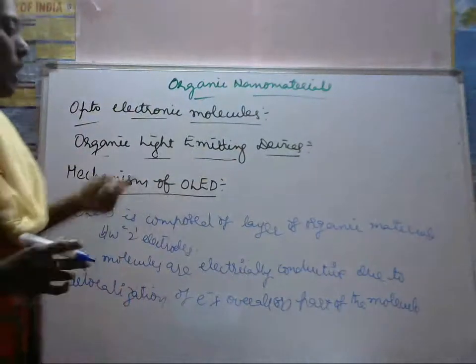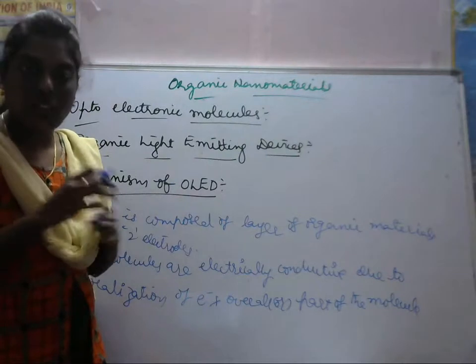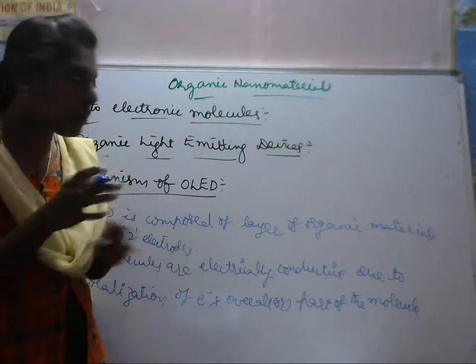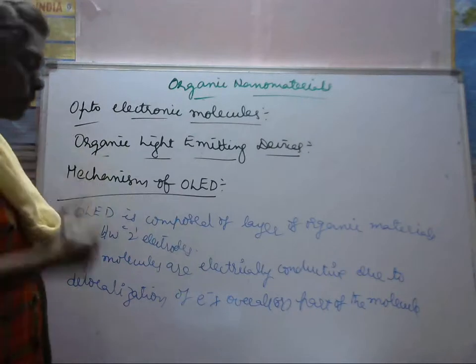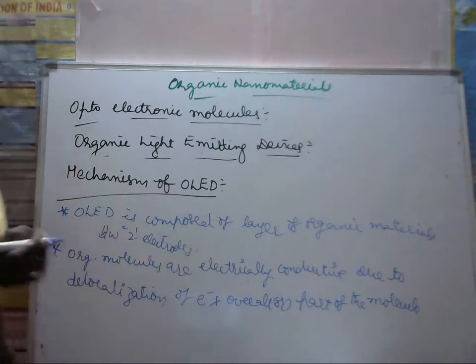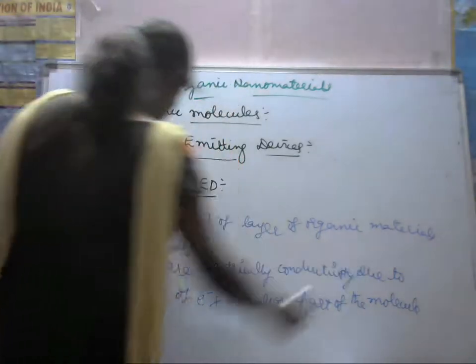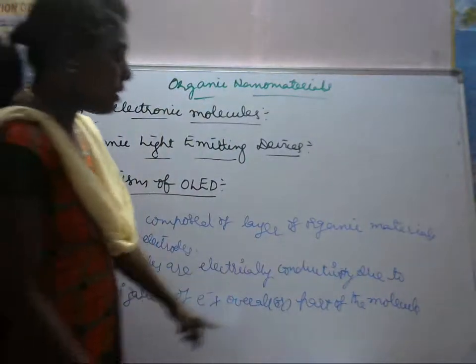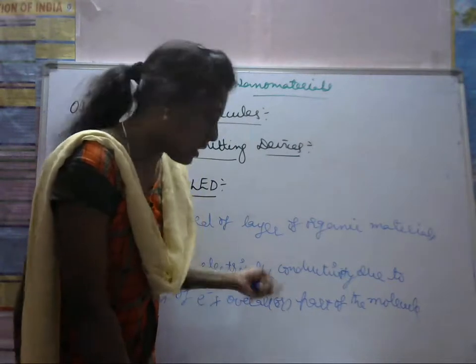If you take this organic compound, what happens here? Electrons are delocalized in the overall molecule or in part of the molecule, and that is responsible for the electrical conductivity.